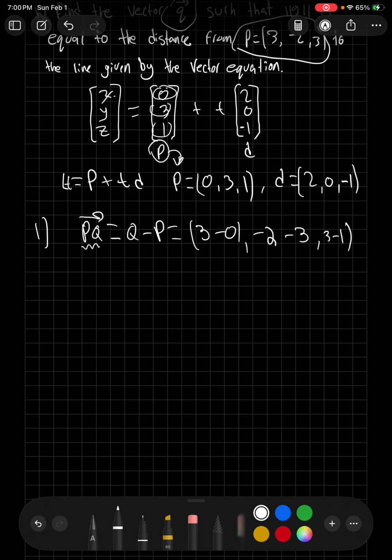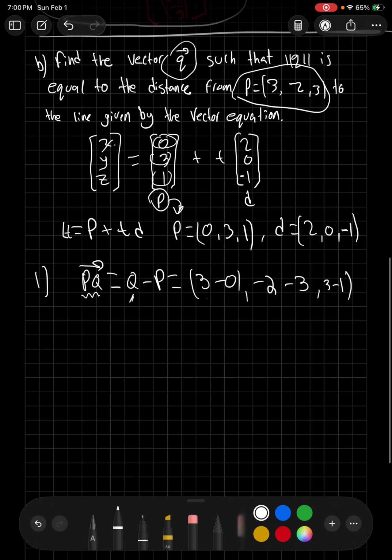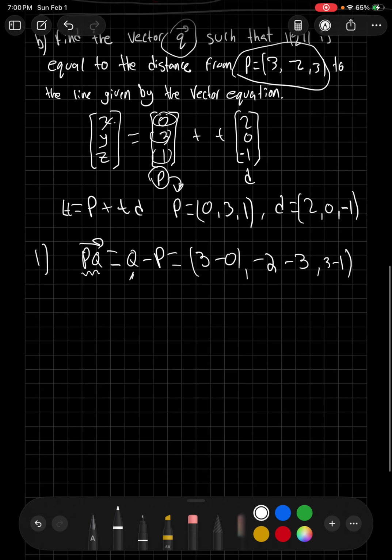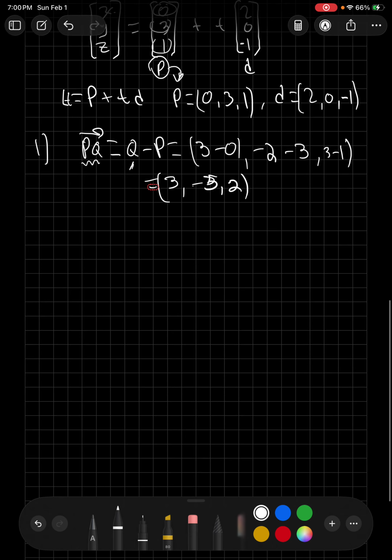Okay, and so again, this is Q, and then we had our P up here. So we're going to get 3, -5, and 2. Like that. It's part of my writing.